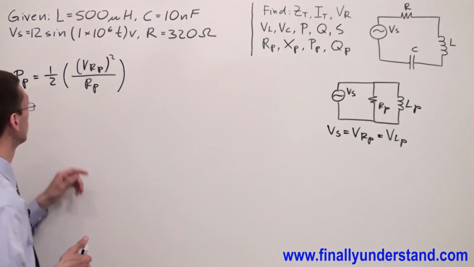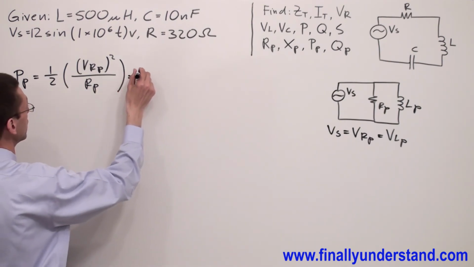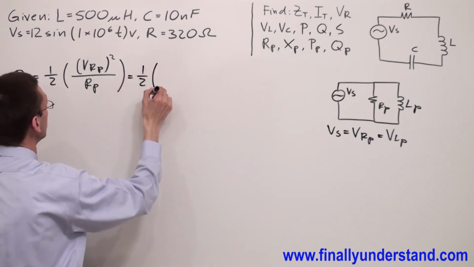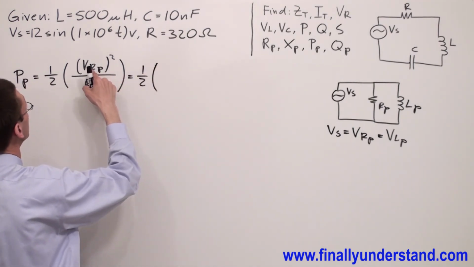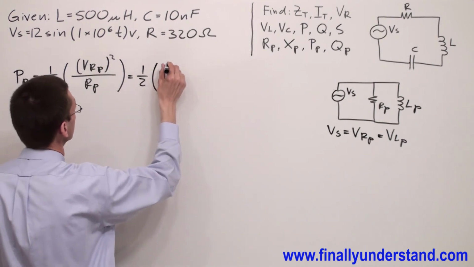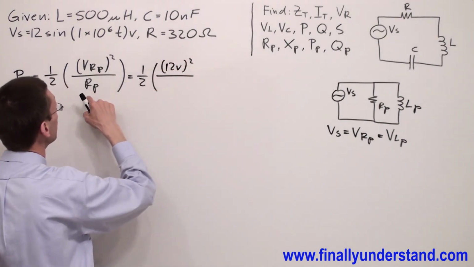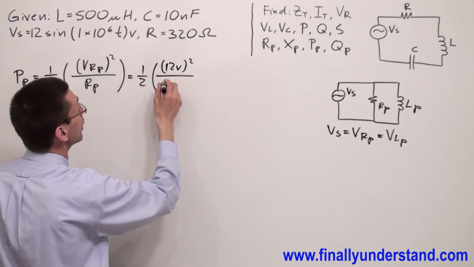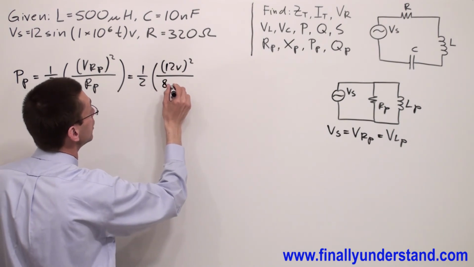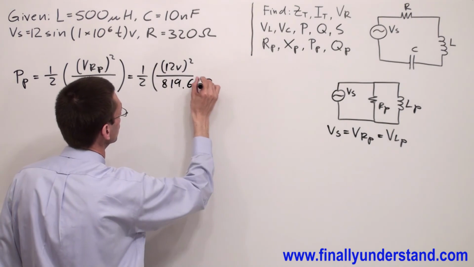And in my formula I'm going to use also VRP, which is nothing else but the voltage source. So I'm supposed to simply write this as 1/2, and my voltage across the resistor is equal to the voltage source, which is 12 volts raised to the second power over RP, which I found is equal to 819.67 ohms.